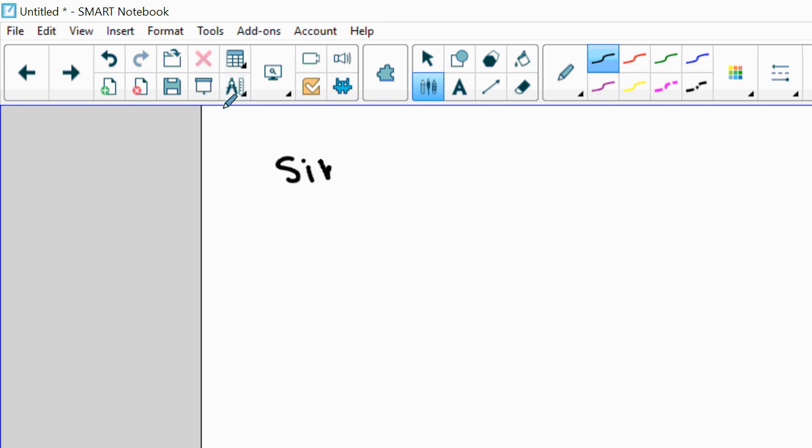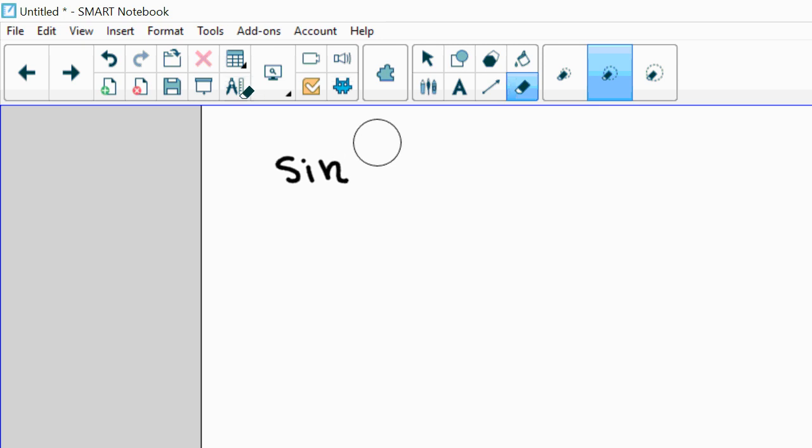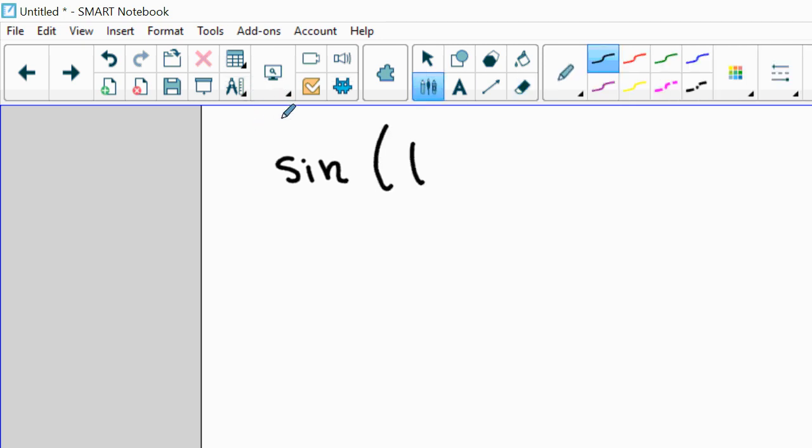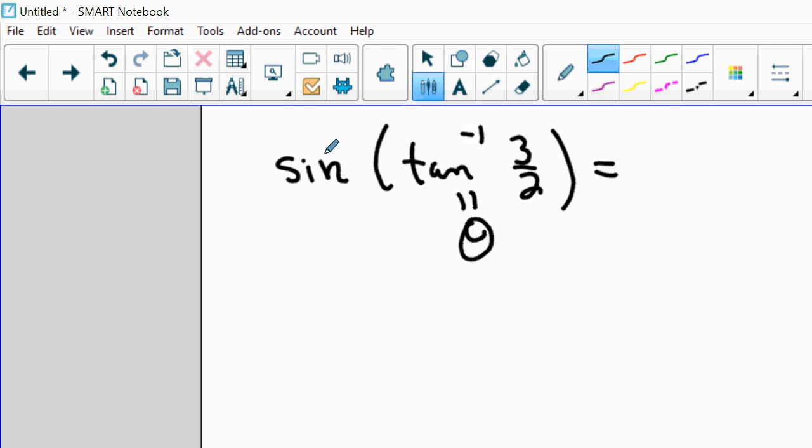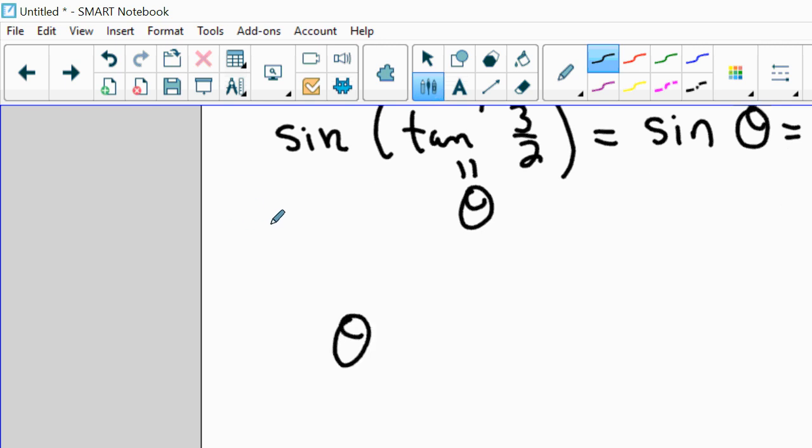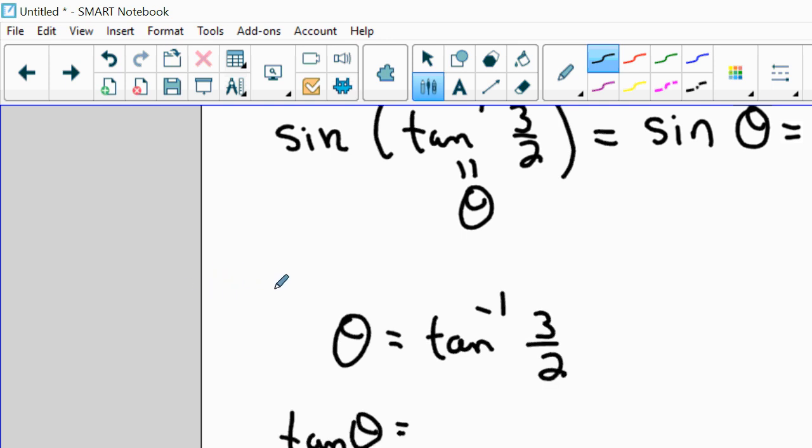Sine of tangent inverse of 3/2 equals what? Well, this is an angle. So it's sine of theta equals what? But off the side, theta is tangent inverse 3/2, so tangent both sides. Tangent of tangent inverse is 3/2.